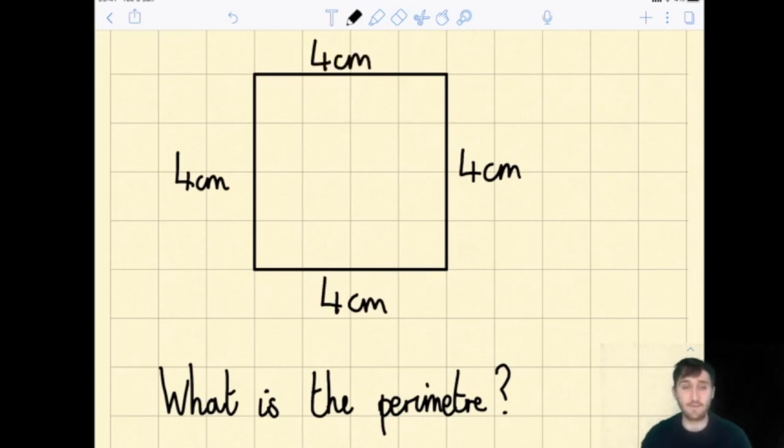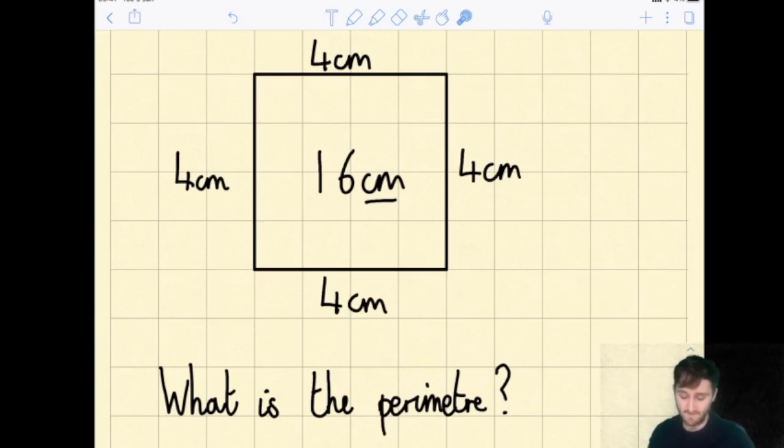So then to find out the perimeter, I add up my 4 sides, so 4 multiplied by 4 is 16 centimetres, and you must always remember to put your centimetres after the answer. So that is how we work out the perimeter.